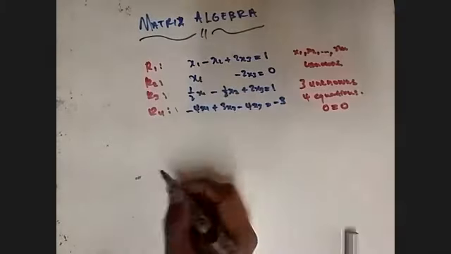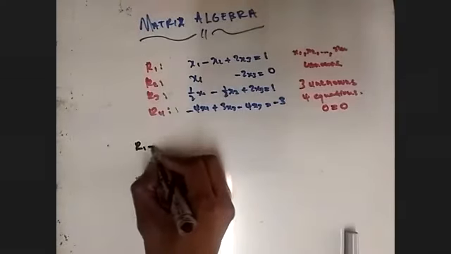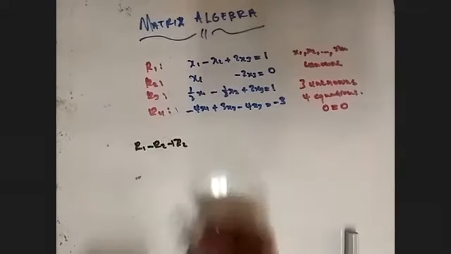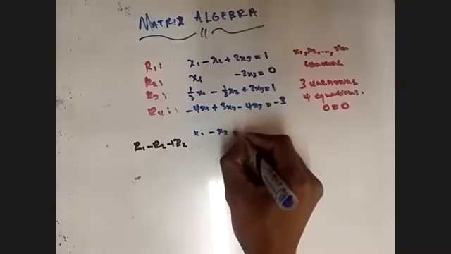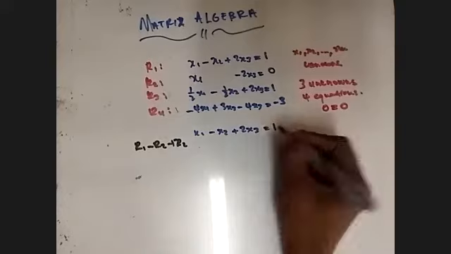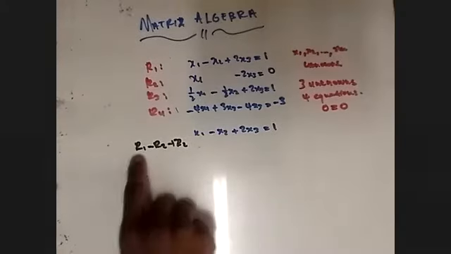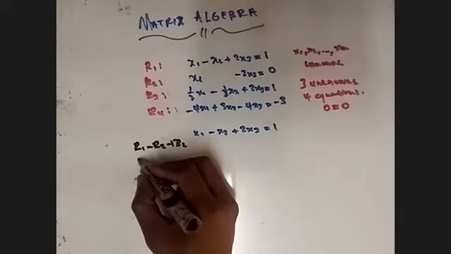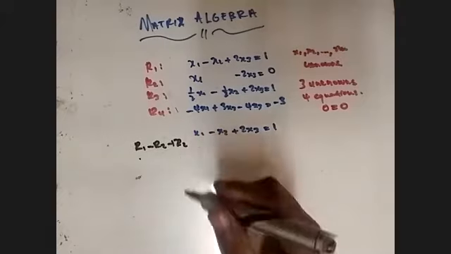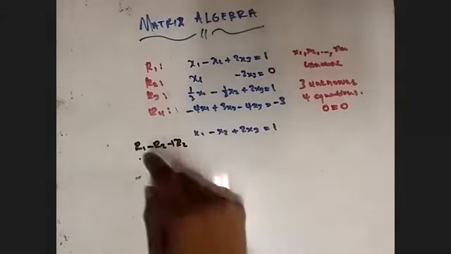So I'm going to have to write down the definitions. Let's say R1 minus R2 gives me R2. Let me write R1 here at the top: x1 minus x2 plus 2x3 is equal to 1. So our R2 is defined by what we're going to get here. And then at the same time, 2 times R3 minus R1 should give me R3.